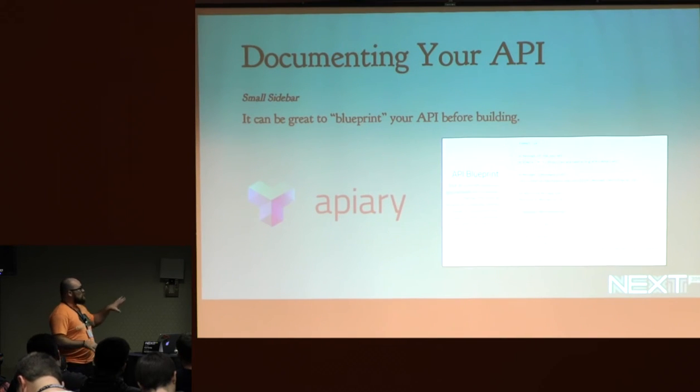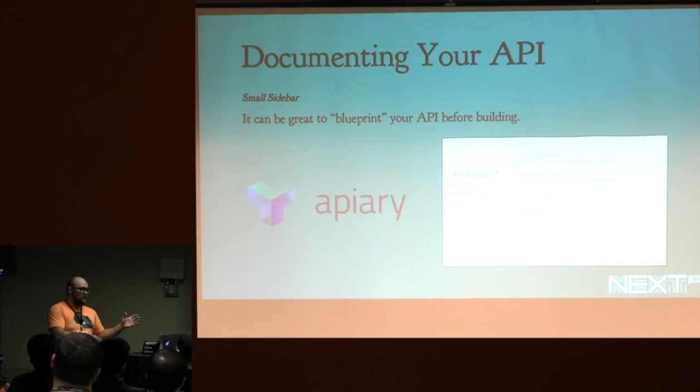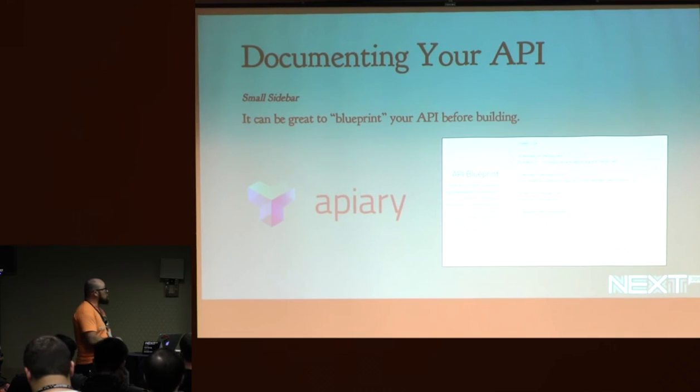Then it gives you the tools to put this in a format that you can mock up as a test API. You can test against that blueprint. So it's a great way to set the base of what you think that API should look like, and how it reacts to requests and responses when you start to do some work.